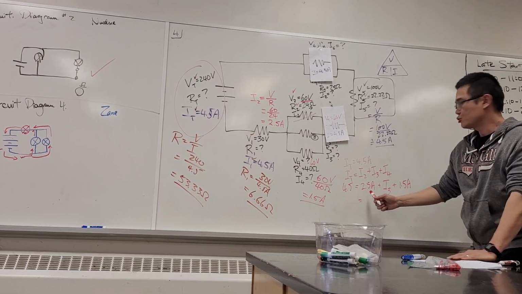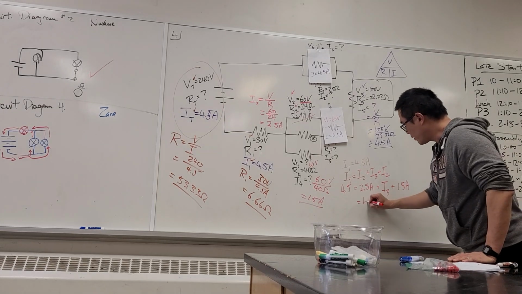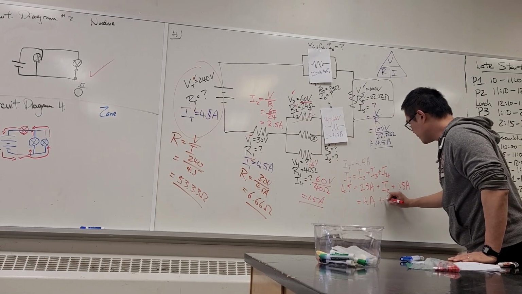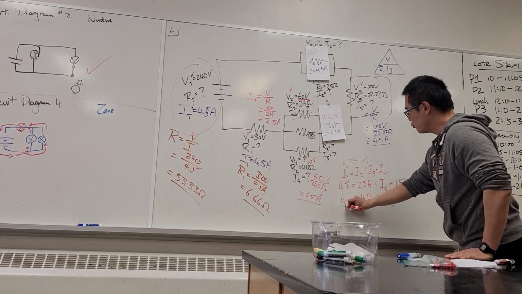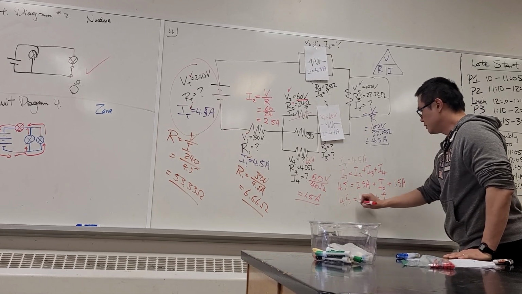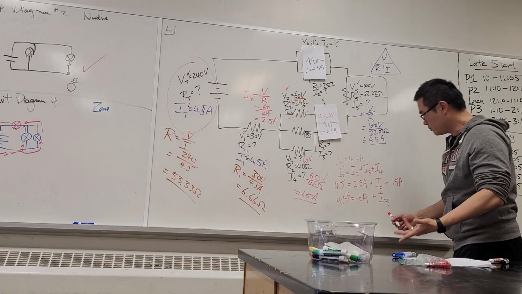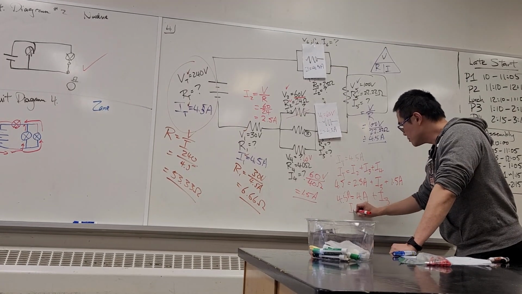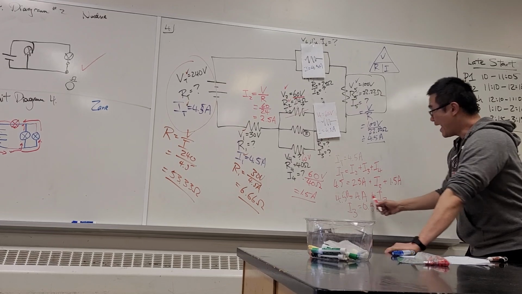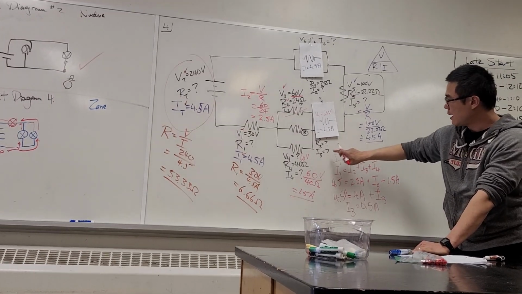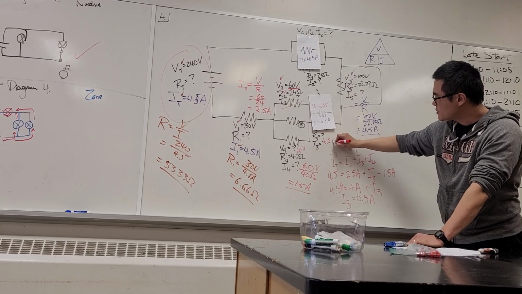So 2.5 plus 1.5 gives you 4 amps. So 4 amps plus whatever current this is gives you 4.5. Well, then in this case, I3 must be half, or 0.5 amps, that will add up to give you 4.5. So here now, we know I3 is 0.5 amps.